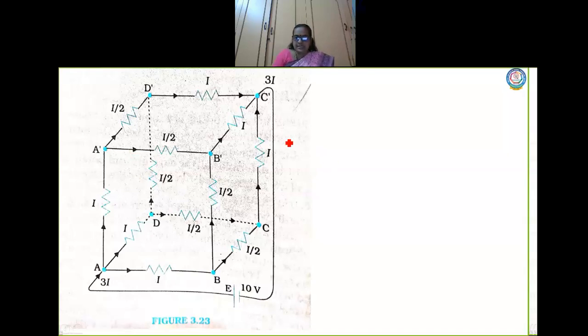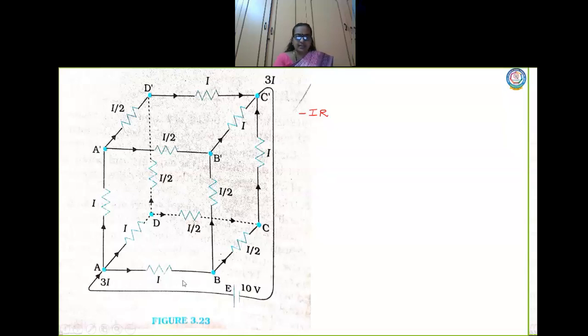So what should be the sign given? It should have a negative sign. So it is minus IR, which is the voltage, the product of current into resistor with a negative sign. So for this lead it is minus IR.